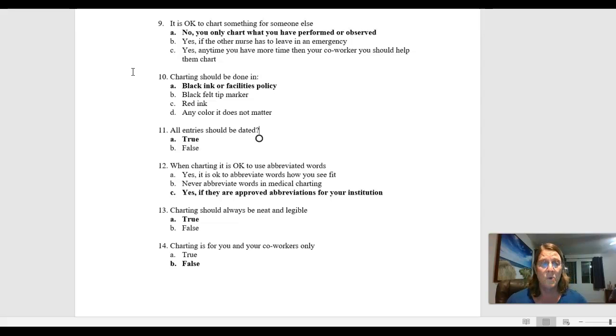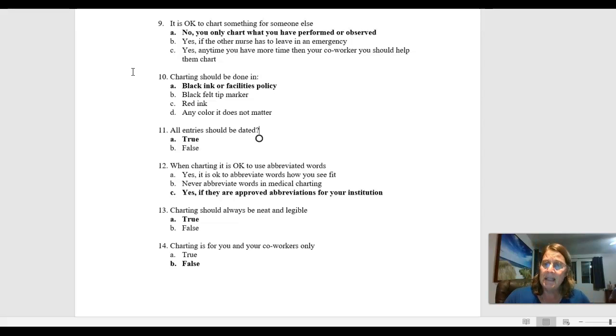For instance, with is not a W with a slash, it's a C with a line over it. And without is an S with a line over it. So you need to make sure you're using medically approved abbreviations, and they have to be approved for your institution. Every facility I've ever worked at has had a policy on what approved abbreviations are.